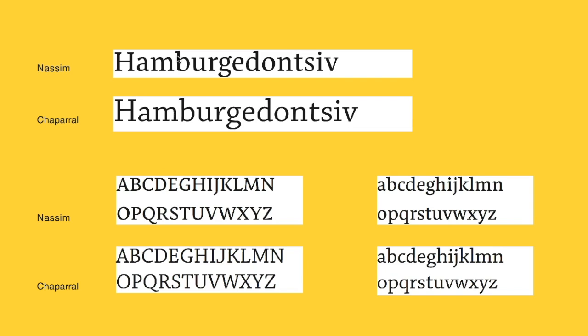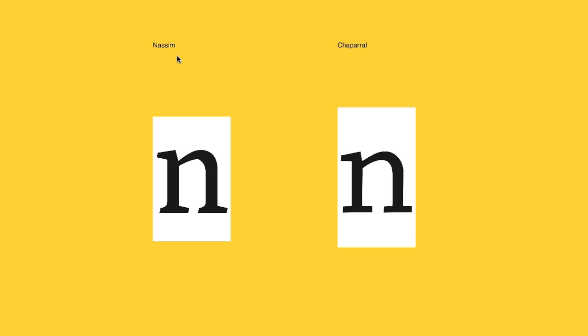So I have here Nassim and Chaparral, two text faces to go over. As you can tell, if you're not that well trained in discerning typeface design, it might be a little challenging to see the differences between these two. But let's proceed forward. The first note you should see is generally how the curves are handled.